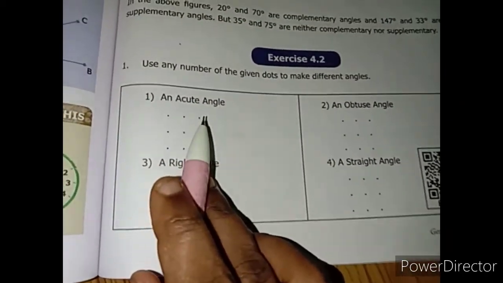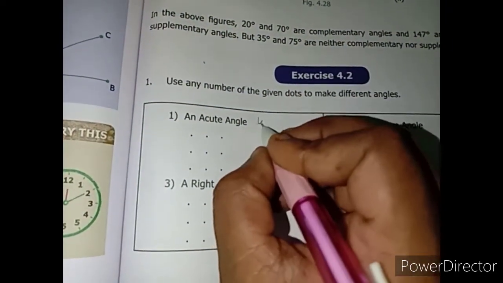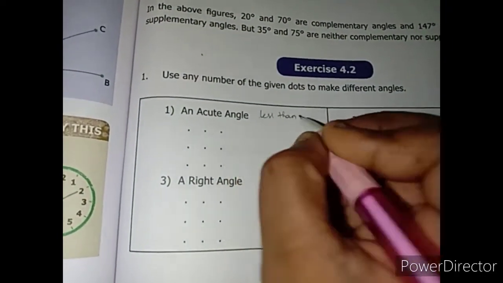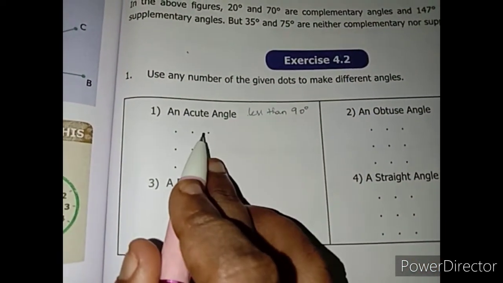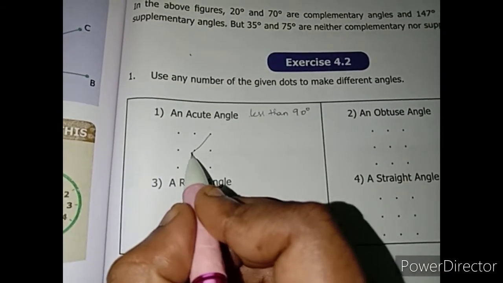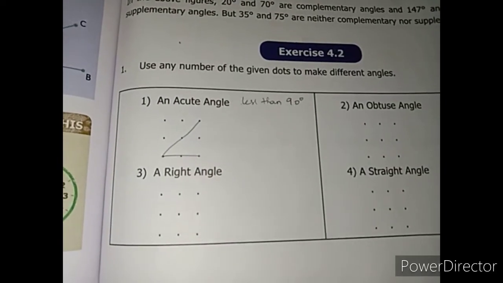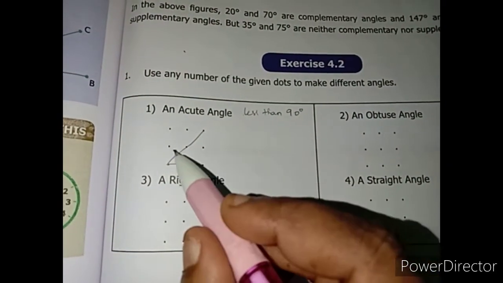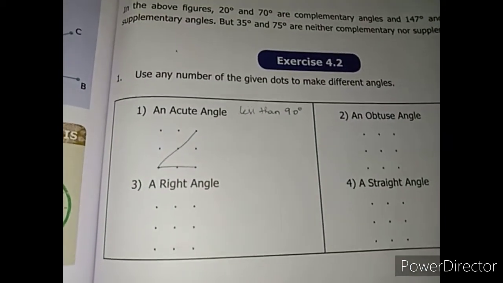What do you know about an acute angle? An acute angle is less than 90 degrees. So obviously it will be this side. So using the 3 dots, this is an acute angle. You can use a scale and pencil to draw the lines here.